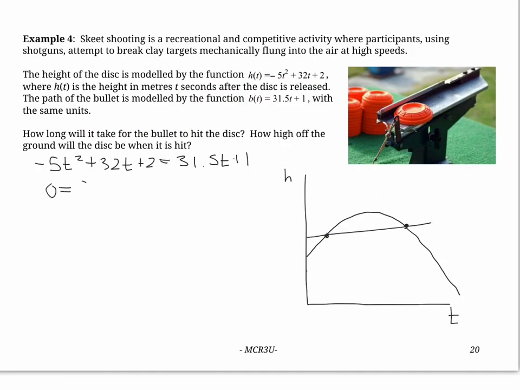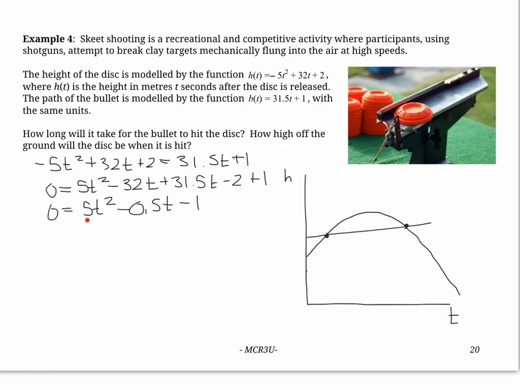So I have 0 is equal to 5t squared, then negative 32t plus 31.5t, and then minus 2 plus 1. My final equation is 5t squared minus 0.5t, and negative 2 plus 1 is negative 1.